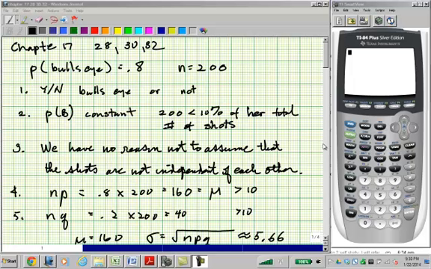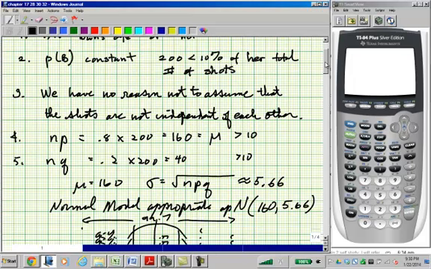And in order to do so, NP, which is 0.8 times 200 equals 160, must be greater than 10, which it obviously is. That also, by the way, happens to equal the mean, NP being the mean, for a binomial probability. And NQ must also be greater than 10, and NQ, which is 0.2 times 200, equals 40, that's also greater than 10.